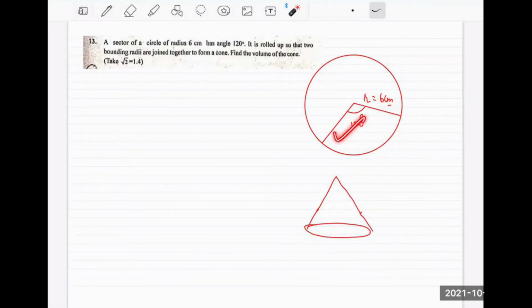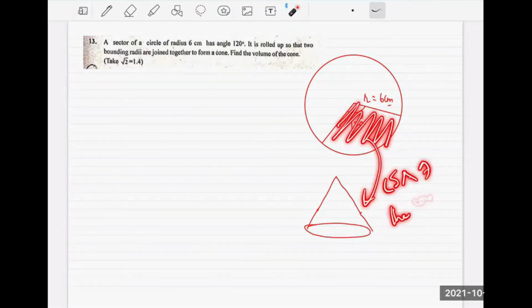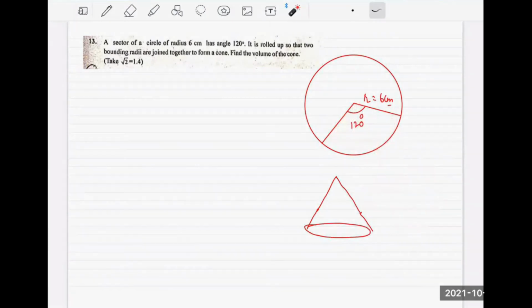So we can make those two equal: area of the sector is equal to curved surface area of the cone. From there, we can find out the radius. And another way, as I just said, this portion right here is equal to the circumference part, and this portion right here is the radius part. This is called the slant height.